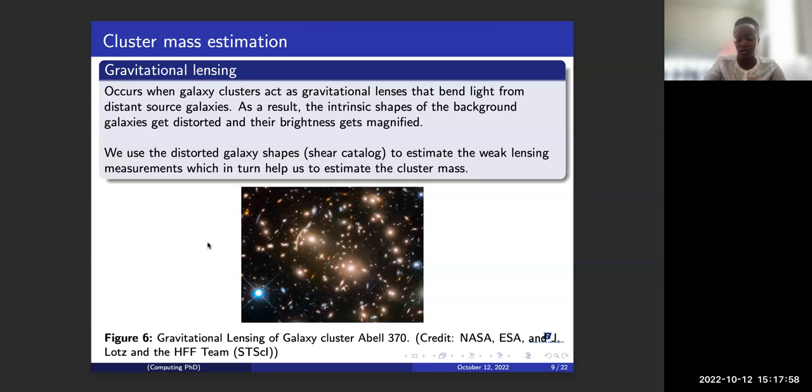The light coming from the source galaxies is bent by the cluster that is in between us and the source galaxies. So we use that property to estimate the mass of our clusters, which we will be using to derive the cosmological parameters.